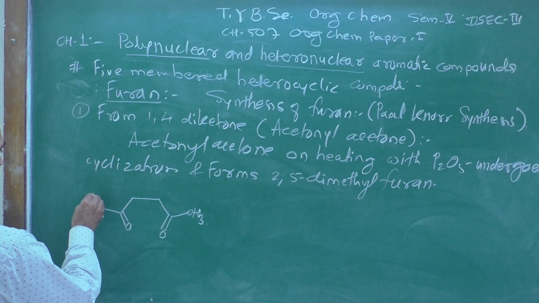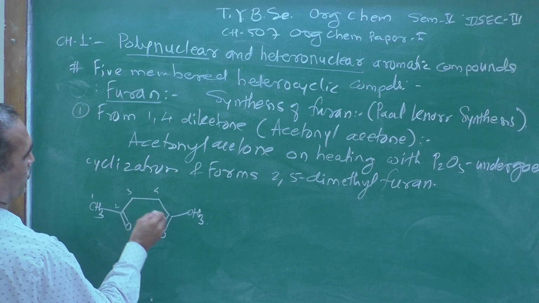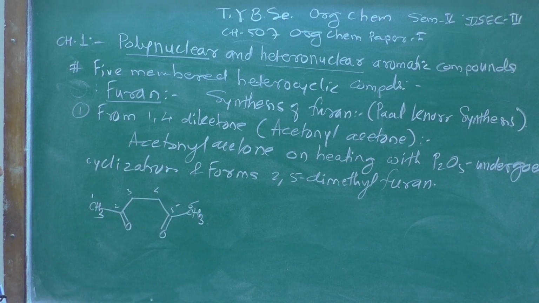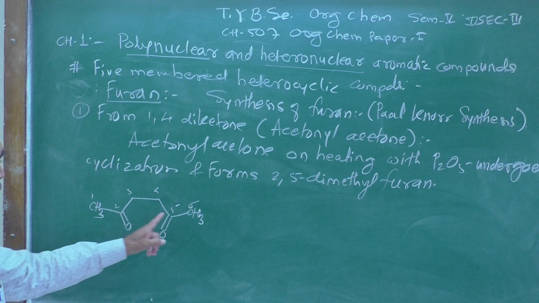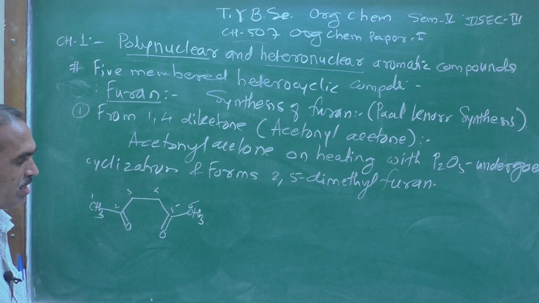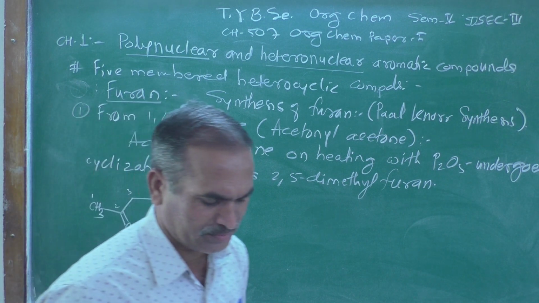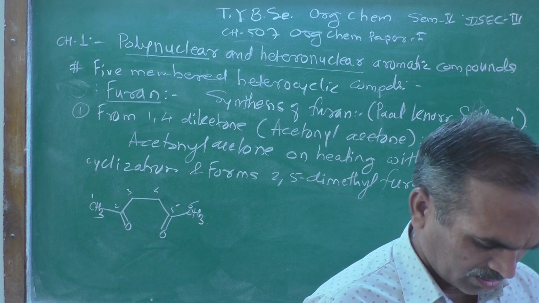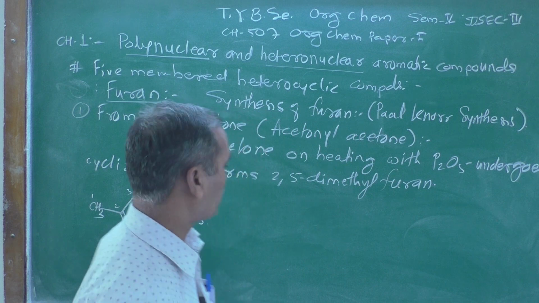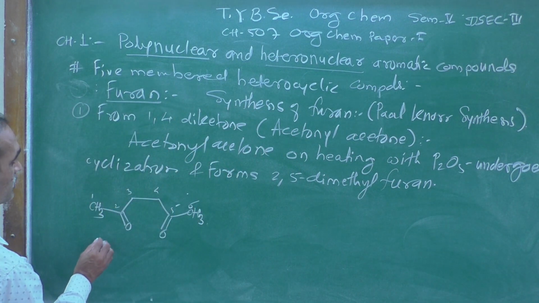If you start from here, 1, 2, 3, 4, 5, 6, the common name is acetonyl acetone, or 2,5-diketohexane, which you can remember. We can also call it 2,5-hexanedione.